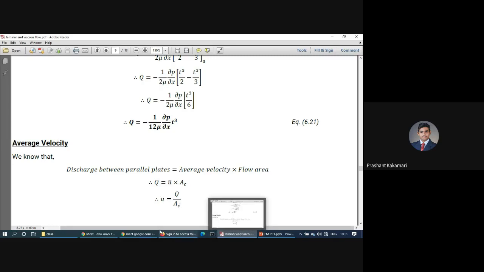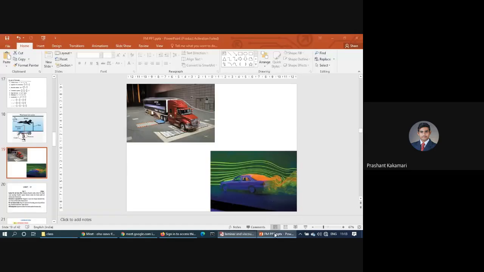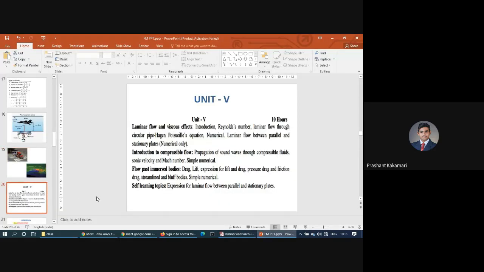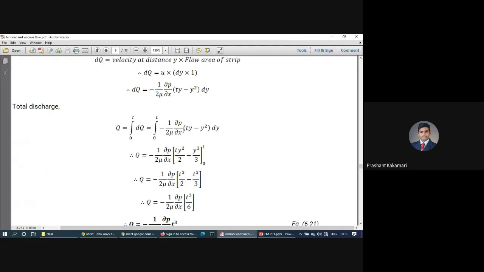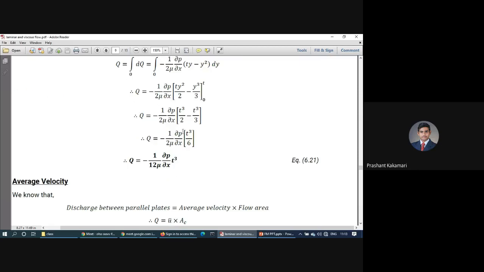I'm not skipping derivations, but in the syllabus they mention that only numericals are enough. Laminar flow between parallel or stationary plates, numericals only. So we'll list the equations first. And the derivation, if you focus on it, is on similar lines to the pipe flow itself. Using the same principle, these equations are derived.